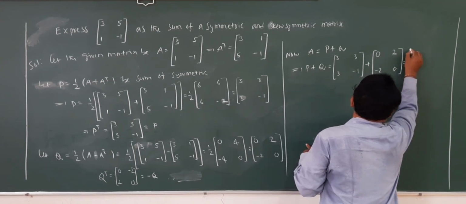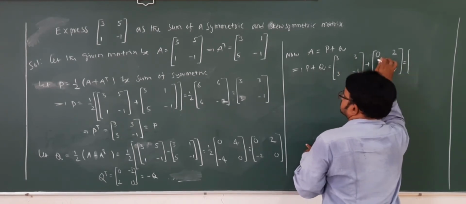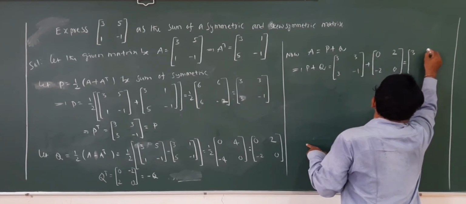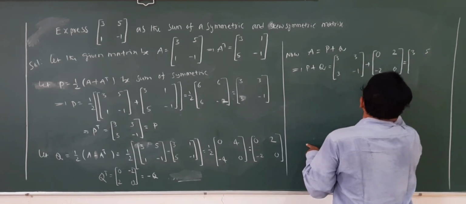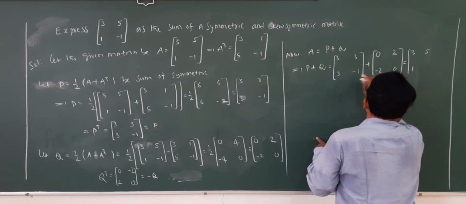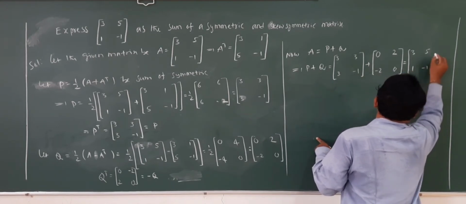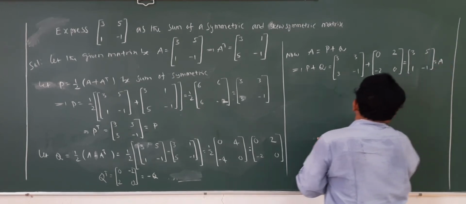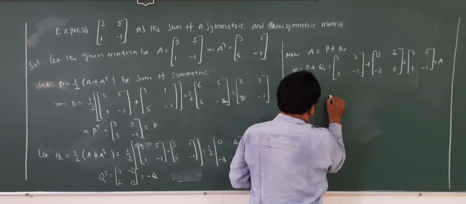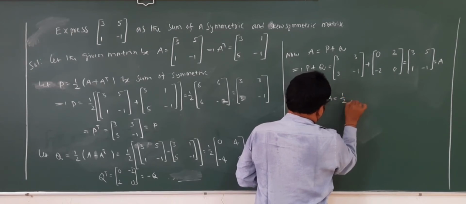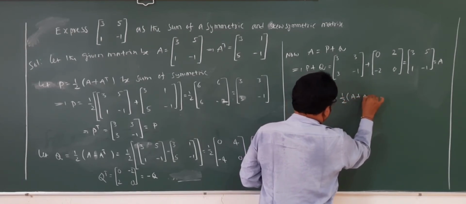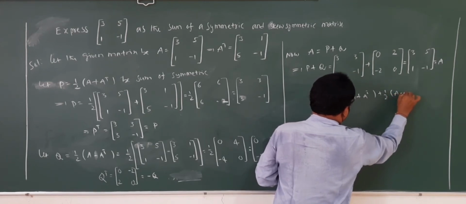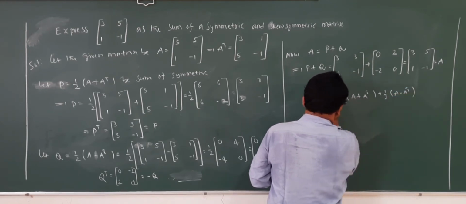Then 3 plus 0 is 3, 3 plus 2 is 5, 3 minus 2 is 1, and -1 plus 0 is -1. That is equal to the matrix A. So therefore A is equal to 1/2(A + A transpose) plus 1/2(A - A transpose).